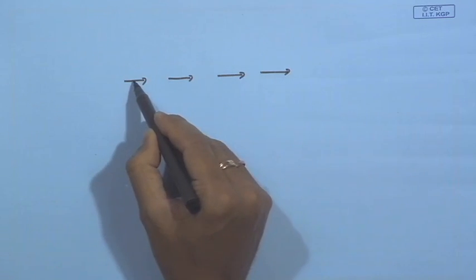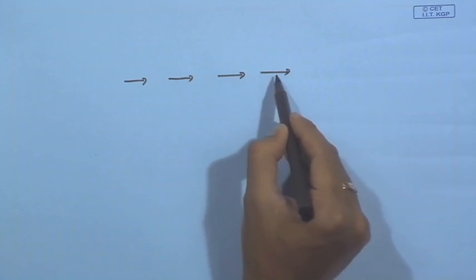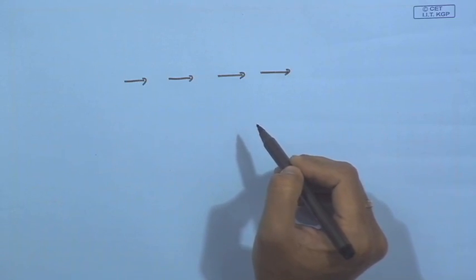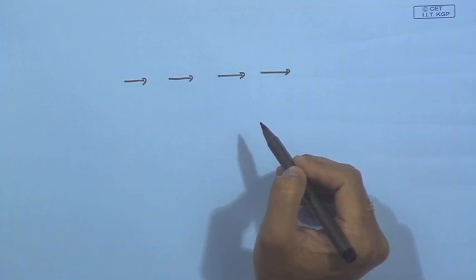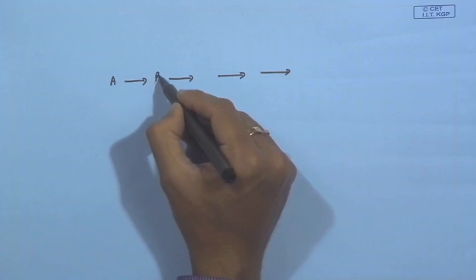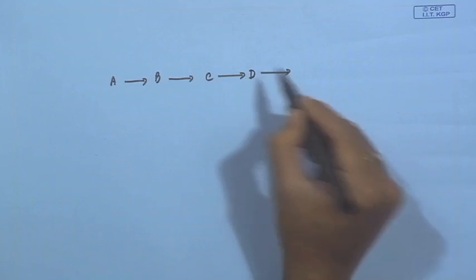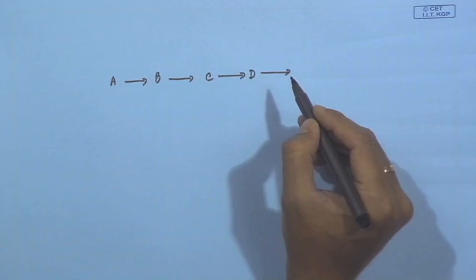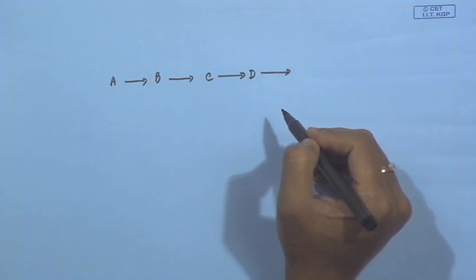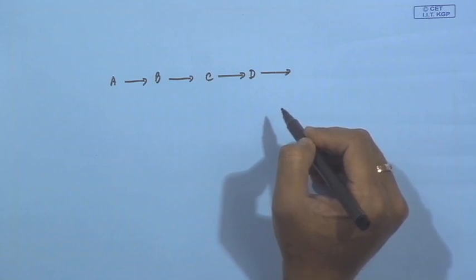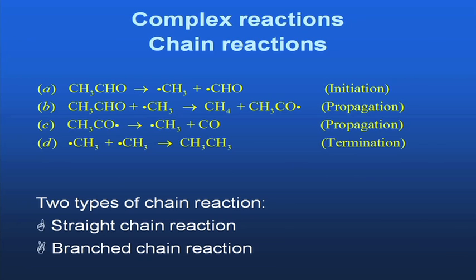This is a typical schematic of a chain reaction, like A to B then C then D. It's like a consecutive reaction, but it is a complex one. It is not a very simple one. Let us take one example, the decomposition of acetaldehyde producing ethane, then methane and also carbon monoxide.